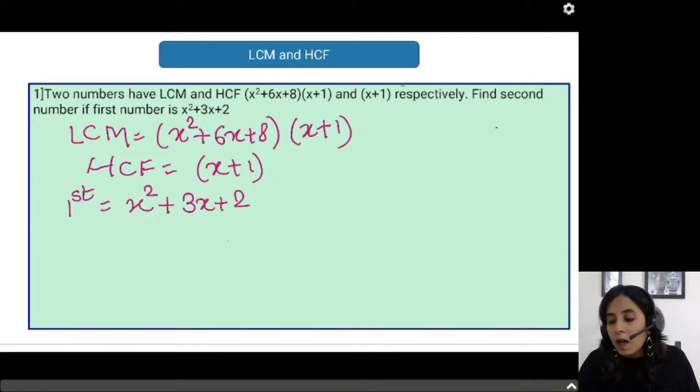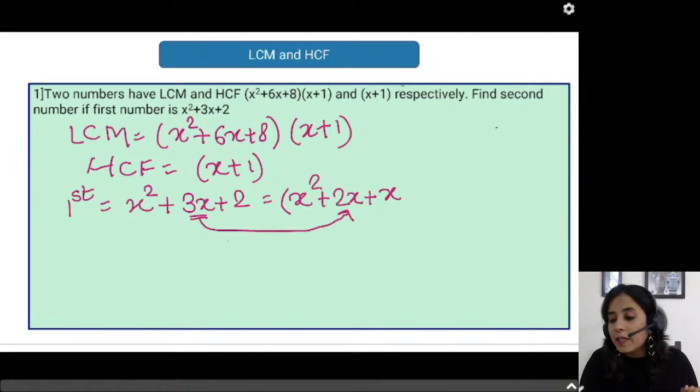Now the first number, which is a quadratic equation, if at all you solve this particular quadratic equation, you will get x square plus 2x plus x plus 2. I have written this 3x as 2x plus x. And from these two terms, I am taking my x common.